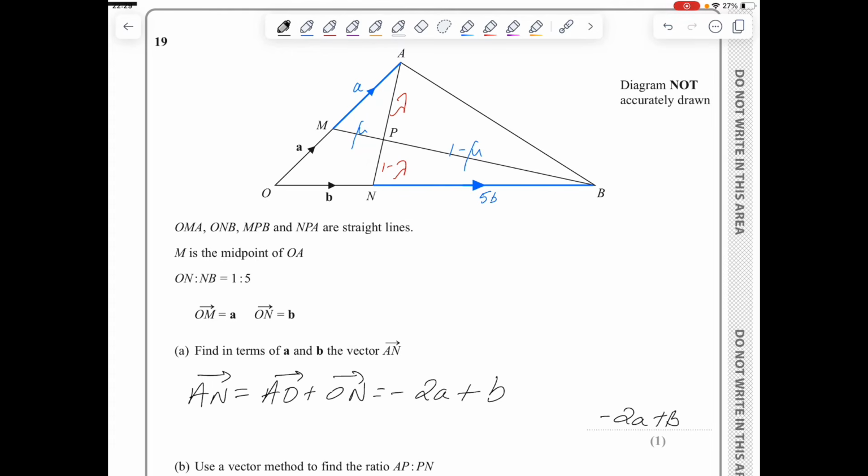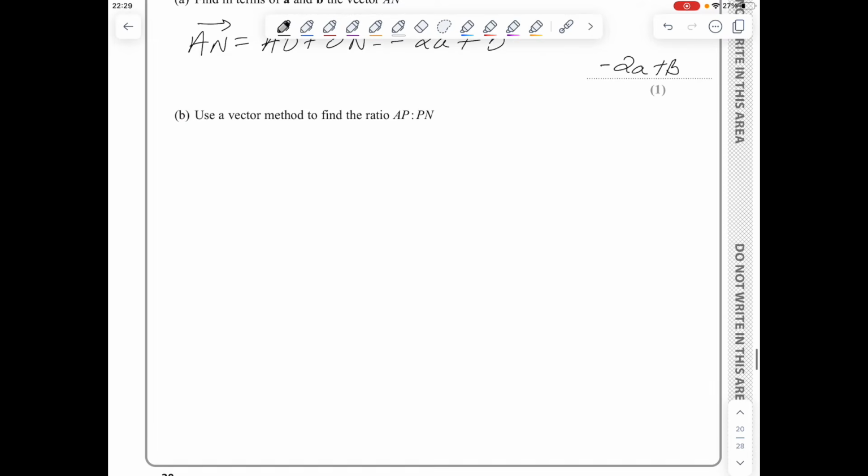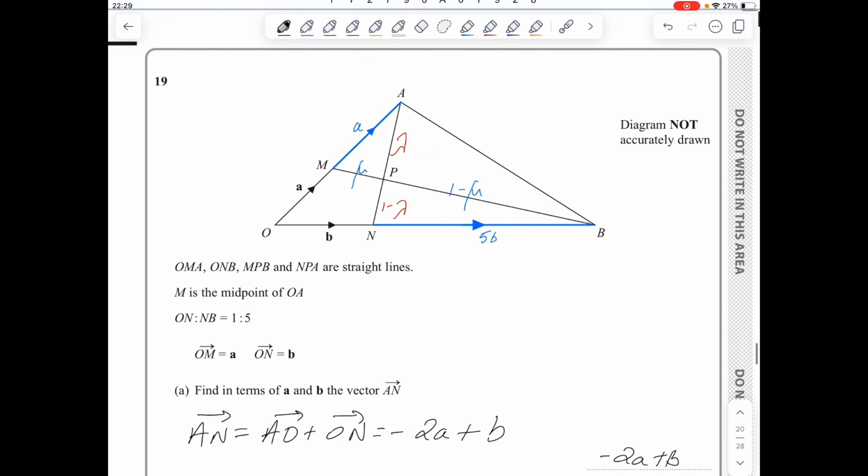So let's choose, for example, AP. I'm going to do this twice. AP equals, so one route is the direct one going from here to here, and this is lambda times the vector AN.